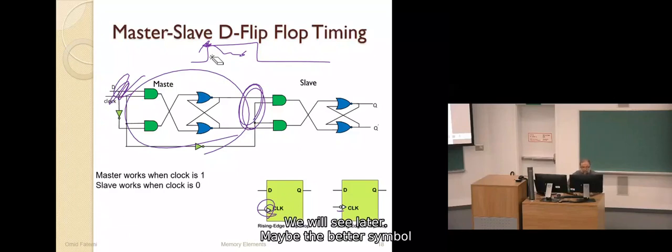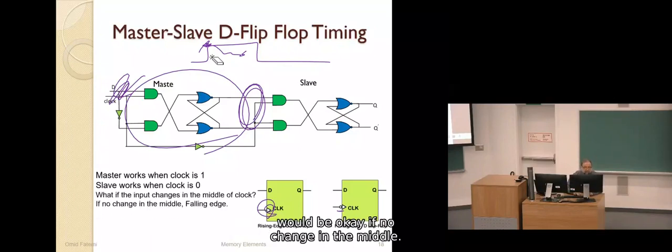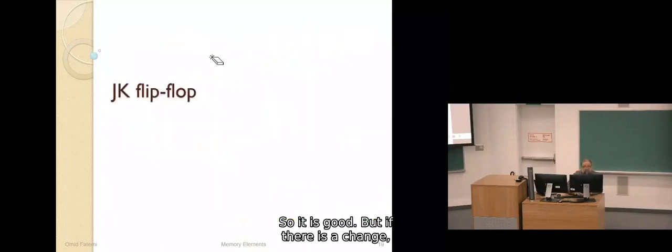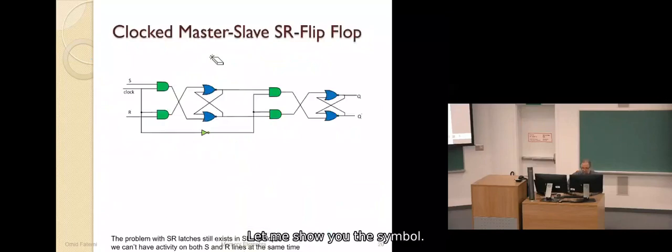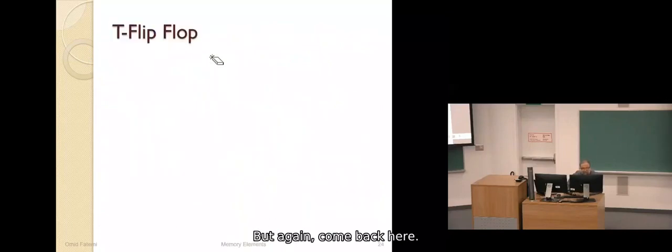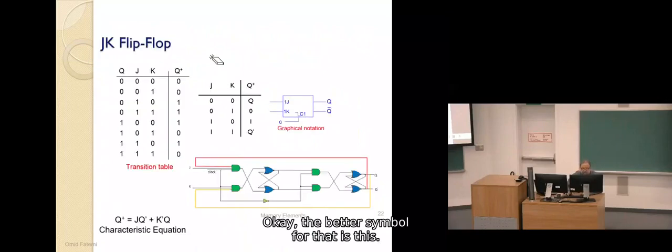And maybe the better symbol would be, okay, if there is no change in the middle, so it is good. But if there is a change, I didn't have the symbol here. Let me show you the symbol, but again come back here. Okay, the better symbol for that is this.